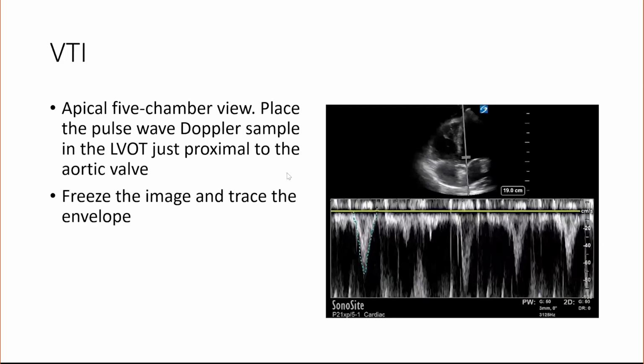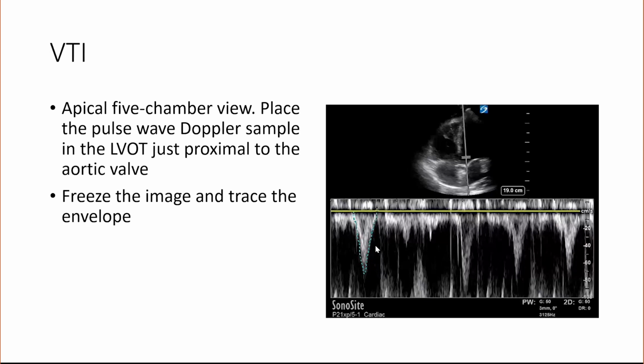Okay, the other important thing to measure is the VTI. VTI is actually very useful in isolation also. All you have to do is obtain an apical 5-chamber view and then drop a pulse wave Doppler with a sampling volume just proximal to the aortic valve, trying to keep the pulse wave Doppler parallel to the flow of the blood, and then you obtain the pulse wave.